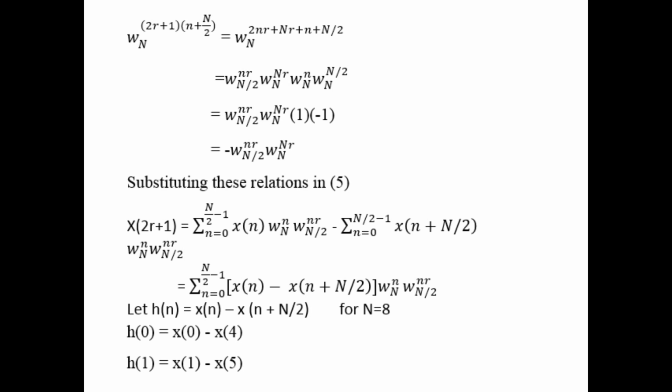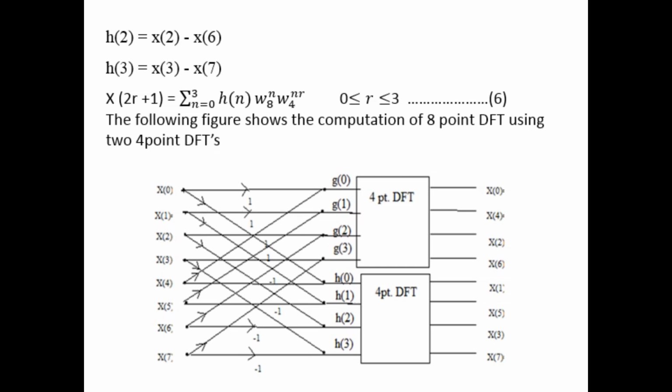Let h of n is equal to x of n minus x of n plus n by 2. For n is equal to 8, we can write h of 0 is equal to x of 0 minus x of 4, h of 1 is equal to x of 1 minus x of 5, and h of 2 is equal to x of 2 minus x of 6, h of 3 is equal to x of 3 minus x of 7.